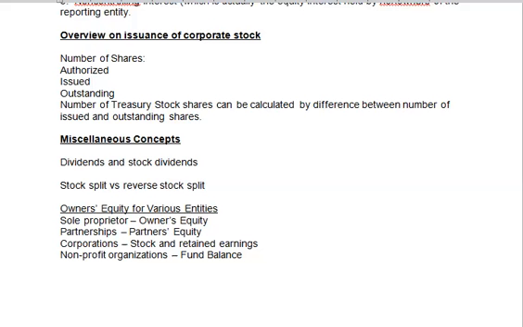Okay, a stock split versus a reverse stock split. Sometimes the price of a stock gets a little too high and the corporation decides we'll split it, either 2-for-1 or 3-for-1 or more. Several years ago, Coca-Cola and Pepsi were about the same share price, give or take around $100 a share.